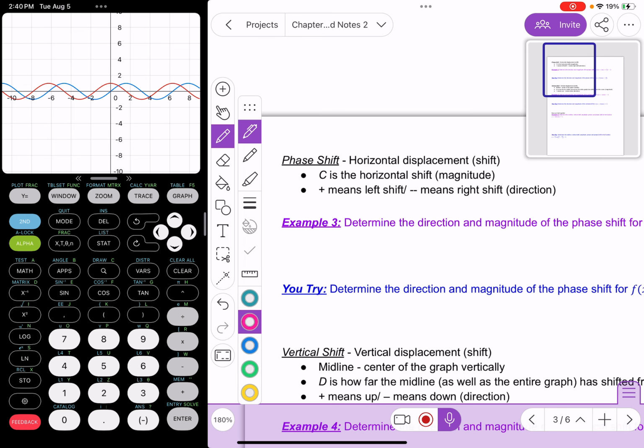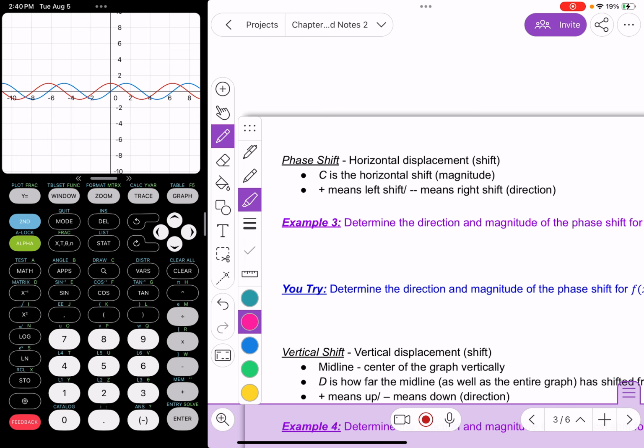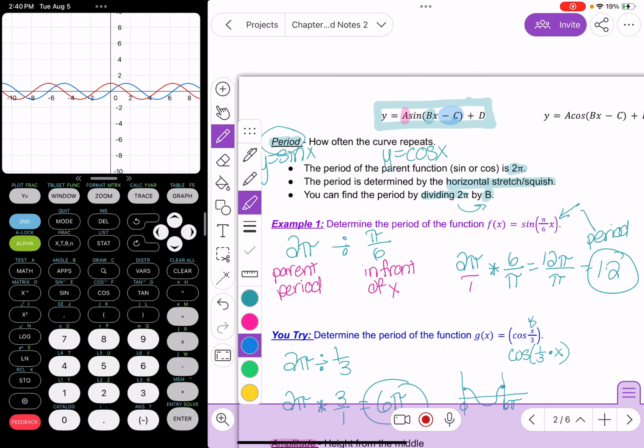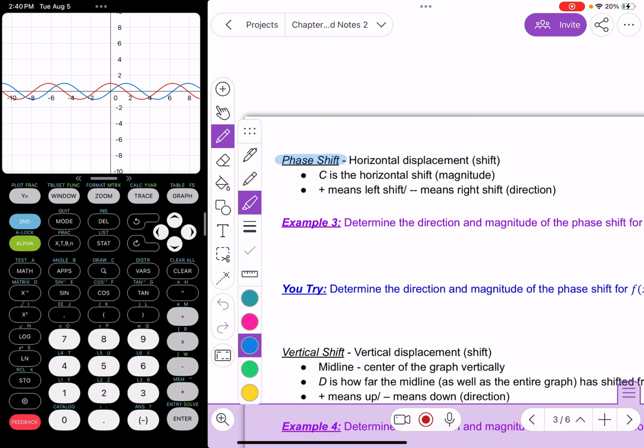So phase in terms of trig is just going to be the horizontal displacement or shift. So the phase shift is going to be based on that C in here. So minus C. So that's our horizontal shift. Positive means left, negative means right, because when we're inside, we do the opposite.